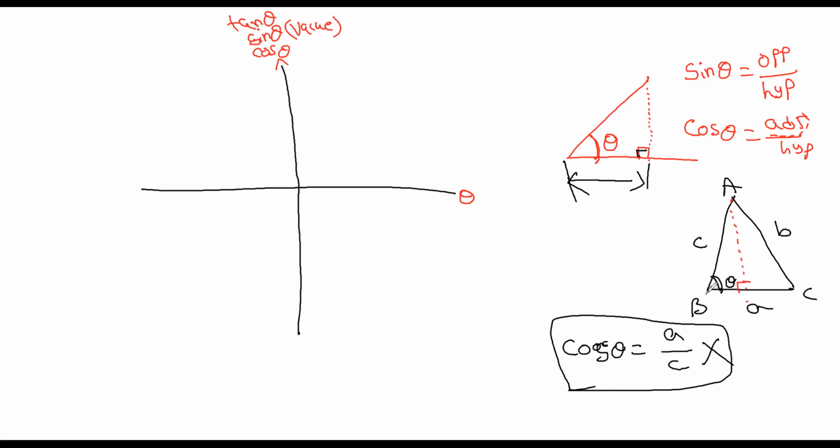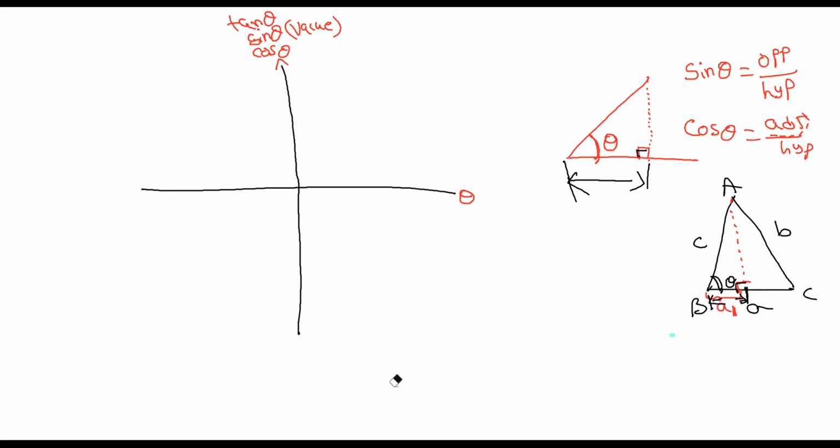Then whatever this angle is, let's call it a1. Then cos theta is a1 by c, that is, the side adjacent to theta till the perpendicular, by c, because the hypotenuse is the same. So we have to take care here: the side is not the total length of the triangle, it is the length till the perpendicular.